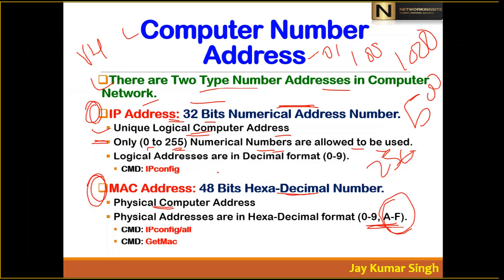Whenever you see this IPv4, you will never find any IP address beyond 0 to 255. You will only find it between these. Now when we talk about hexadecimal numbers, that's the MAC address.